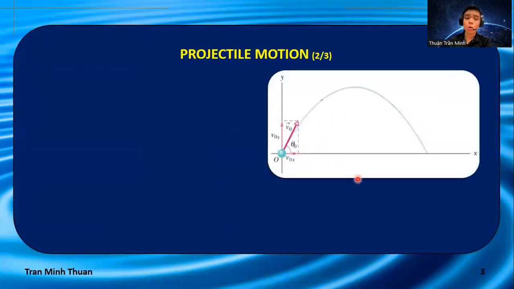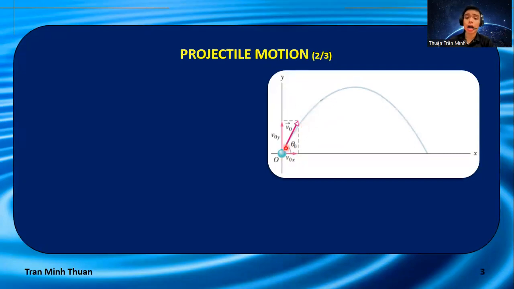First of all, we need to understand an important rule: any two-dimensional motion can be considered a combination of two independent one-dimensional motions in two perpendicular directions, in which the time of motion in the two directions is the same.